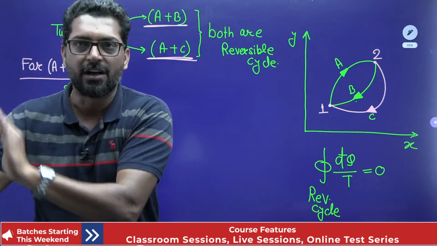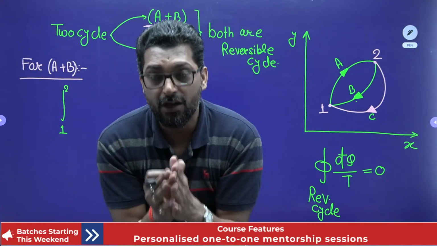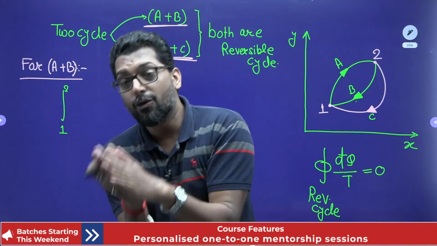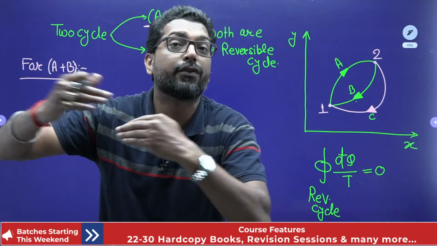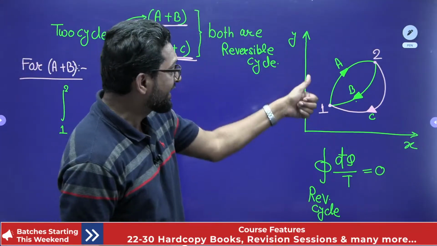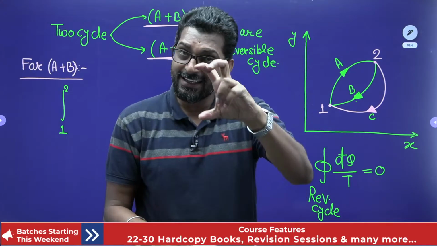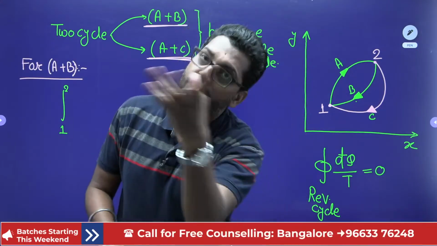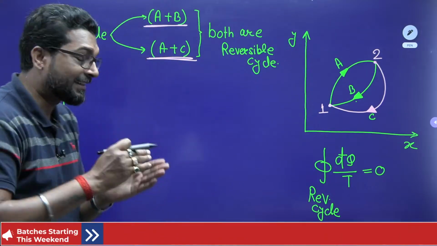First of all, I have one confusion. Sir, dq by t is a property and dq is not a property in a cycle. But the cycle is actually composed of an infinite number of processes. So what is the value of dq by t during the process? This is our motive. We will discuss. The discussion is going on.